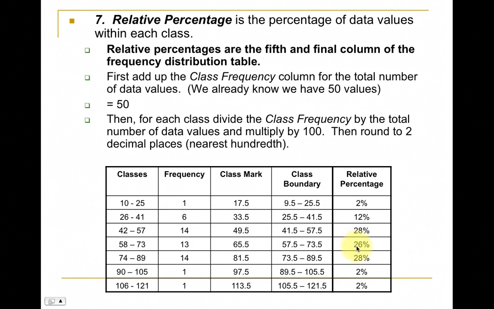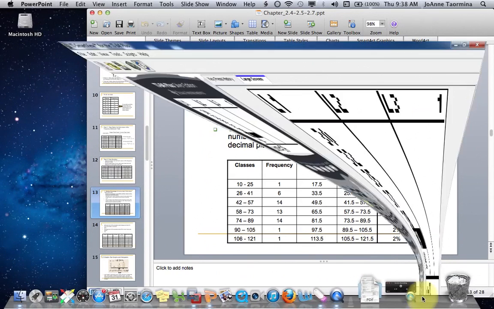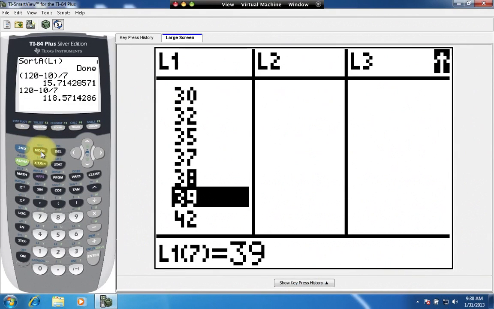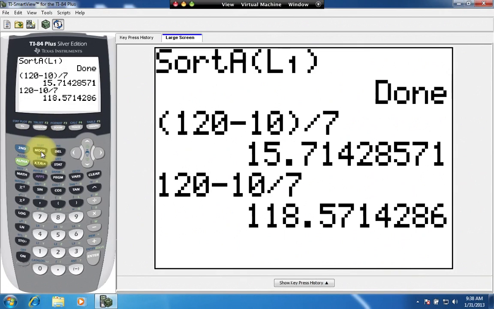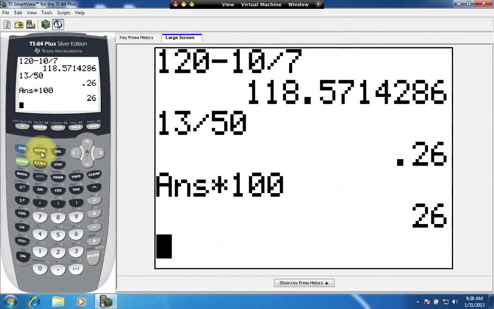So let me demonstrate what you're doing on the calculator here. 13 is the frequency for that class, 50 data values total, and then multiply that by 100 to turn it into a percent, so 26%.